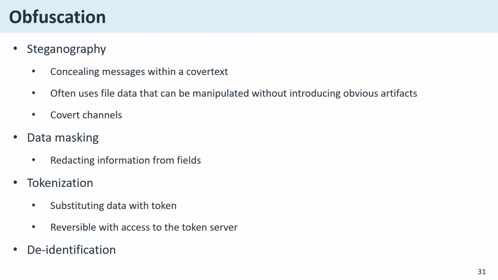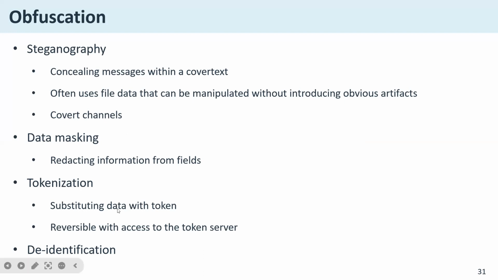Obfuscation. Anytime you hear the word obfuscation, think about integrity, not integrity, sorry. Think about confidentiality. Anytime you hear the word obfuscation, think about trying to mask something, trying to make something not clear. You want to conceal.